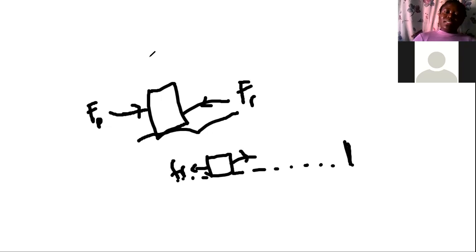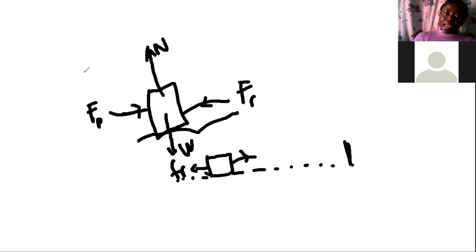Okay, so you always say that there is a perpendicular force, which is a normal force, the one which reacts to the weight. Now all these forces here, they are acting on the crate.